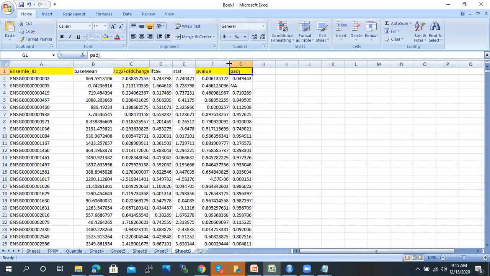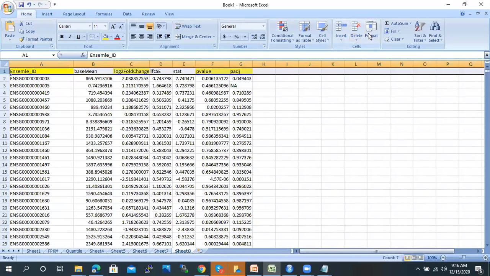The p-value is usually for when you are taking two paired samples. The p-adjusted value is for when there is multiple testing, when you have a large number of samples. Usually whenever we perform differential gene expression analysis, we need to consider the p-adjusted value.